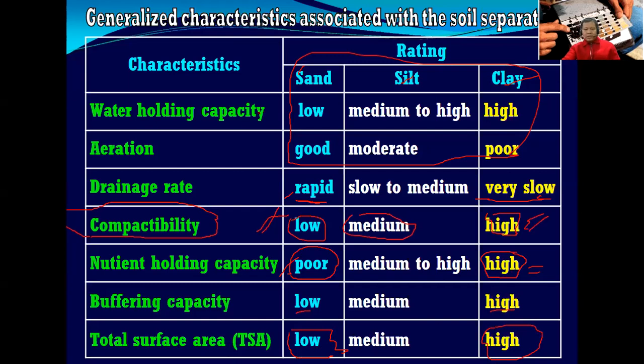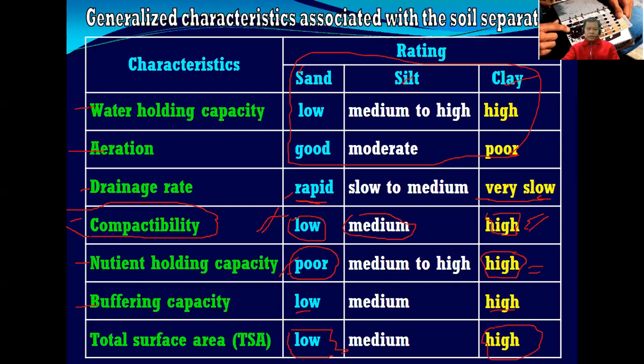So please try to understand this concept clearly and what are the implications of different textural classes in terms of water holding capacity, aeration, drainage, compactability, nutrient holding capacity, buffering capacity, and total surface area.